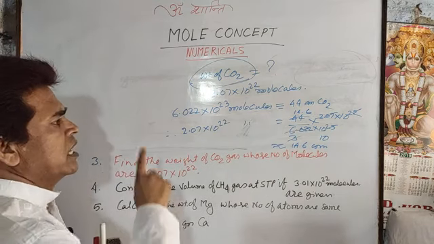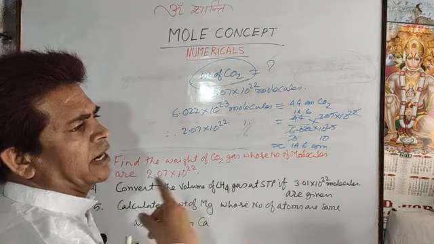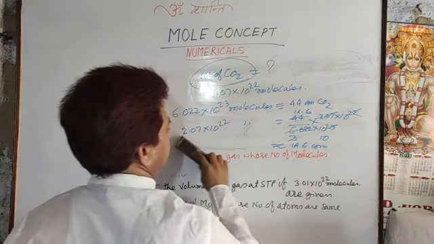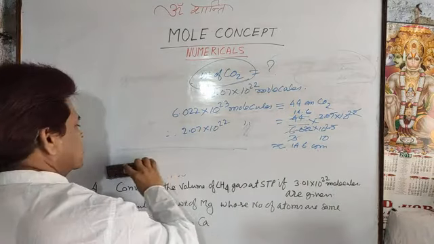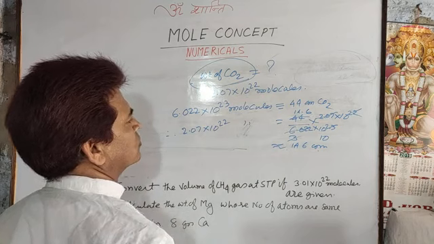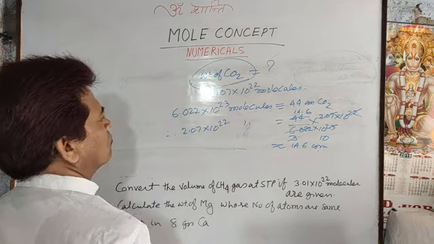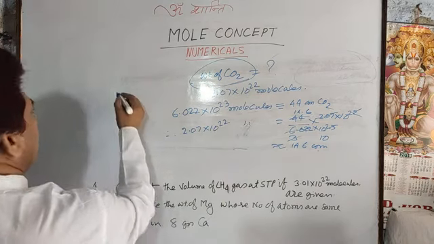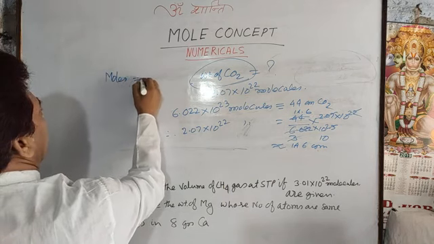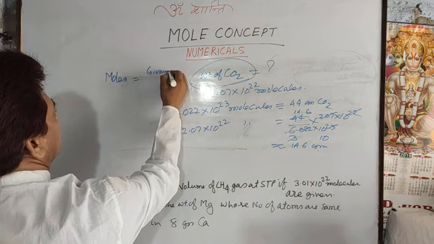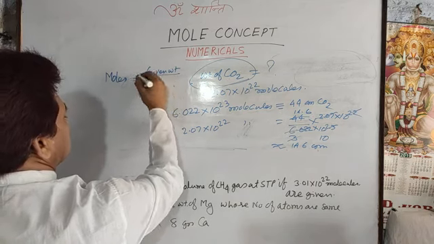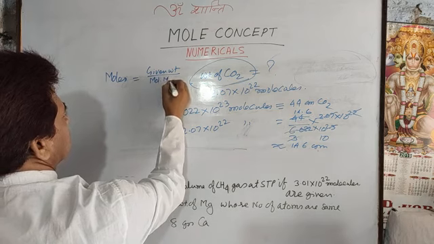So it is clear, for any data given, any other quantity can be calculated on the basis of mole concept. Some may solve this problem by converting molecules into moles. So here the formula: moles equals given weight by molecular mass, or atomic mass in case of an element.